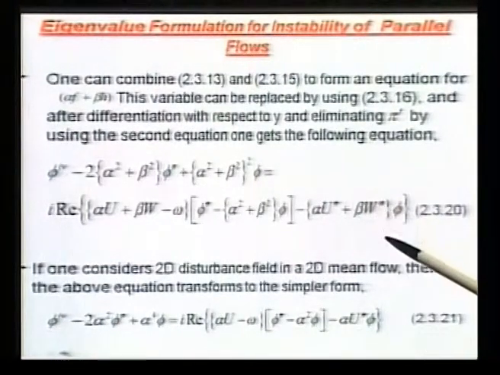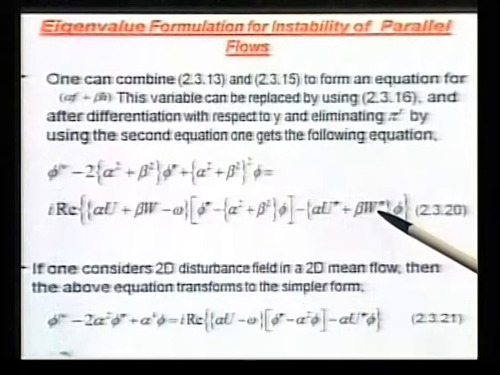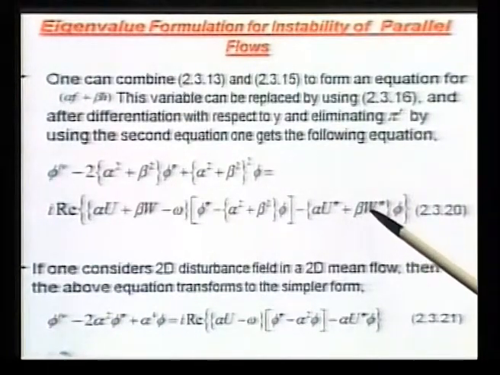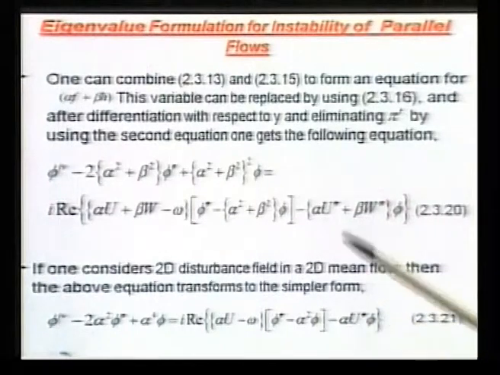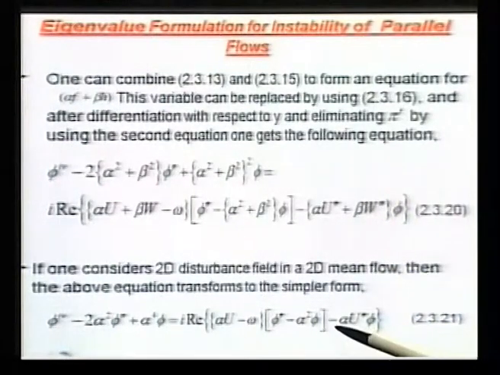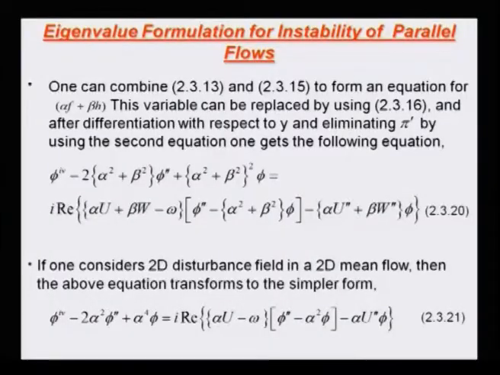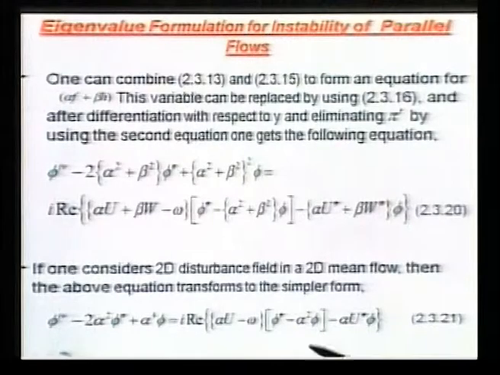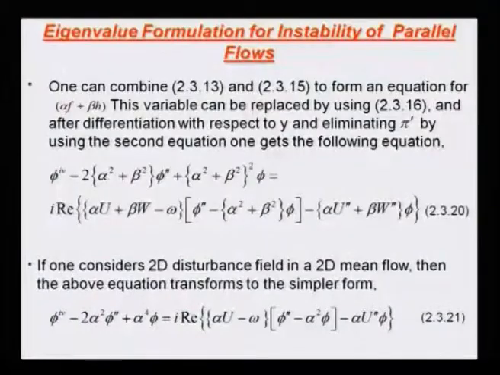So, you can just simply substitute capital W equal to 0, and if you are looking at 2D disturbance, you can put beta also equal to 0. The equation simplifies to this, and this was what was originally derived and presented by Orr and Sommerfeld. So, this equation 21 is called the Orr-Sommerfeld equation.